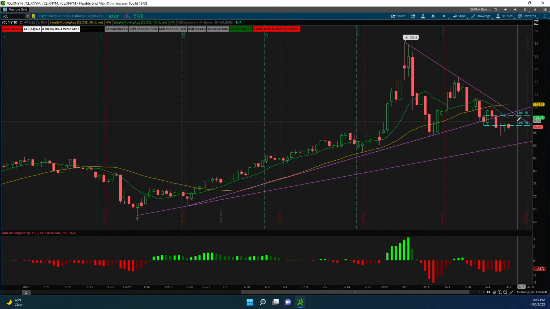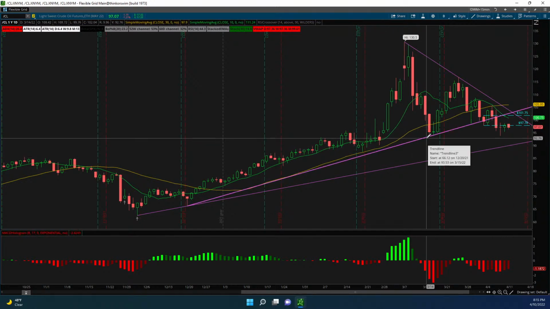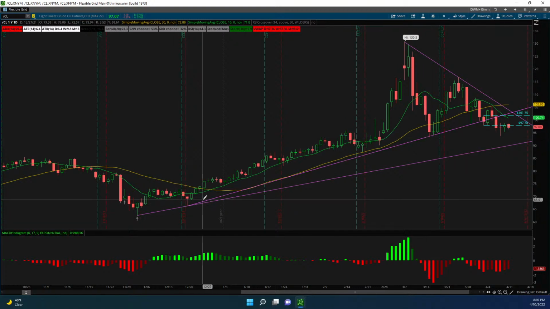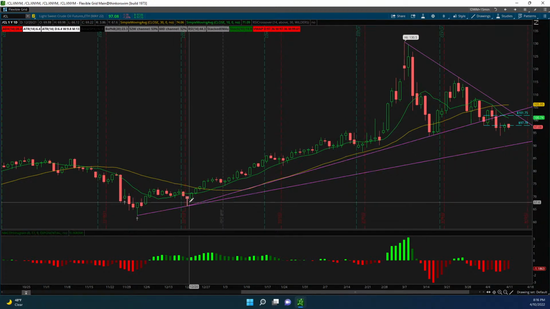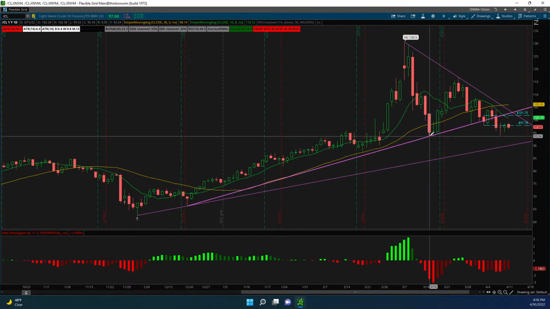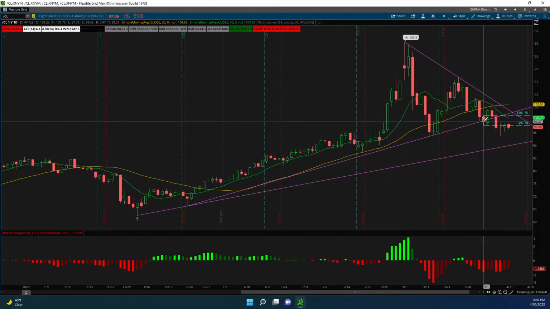We also have a break of this resistance trend line from 1220, touched two times, then it violated this trend, moved to the upside, and then broke down again.